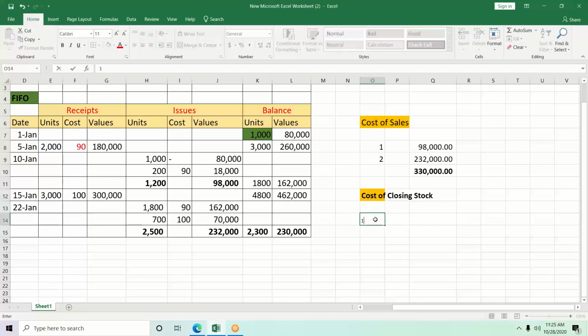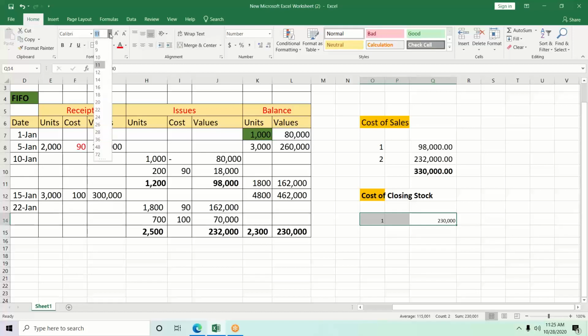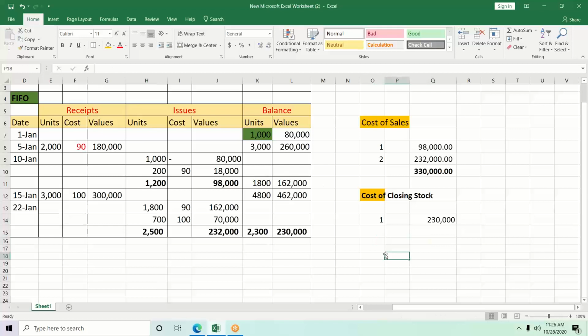You don't need to calculate it. It is already there in the stores ledger. The cost of the closing stock is rupees 230,000. Please do these questions again and again and watch this video. You can stop anywhere and go through the questions.